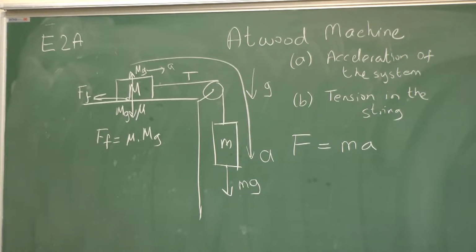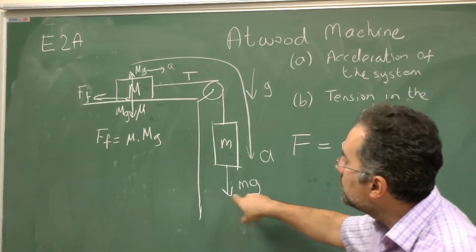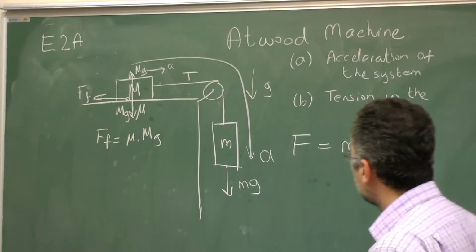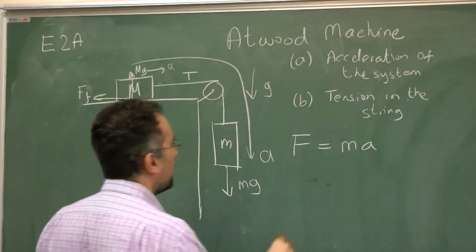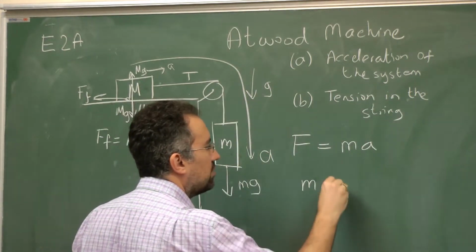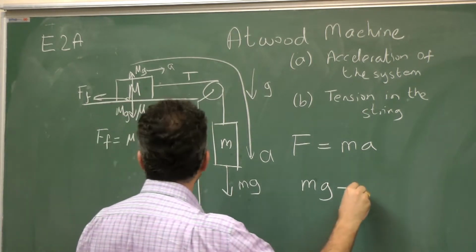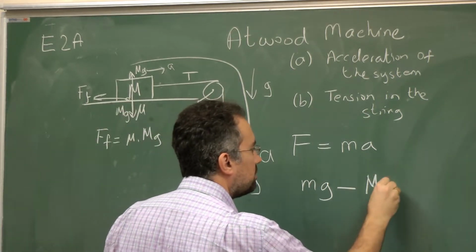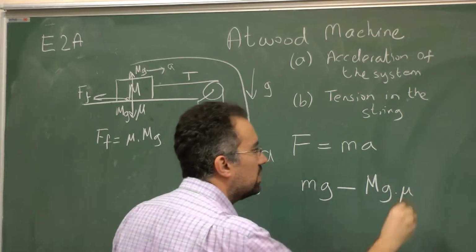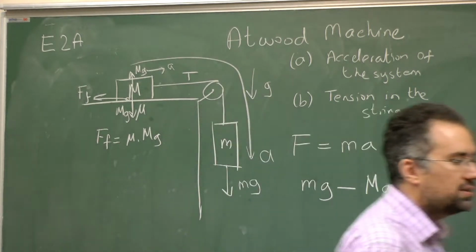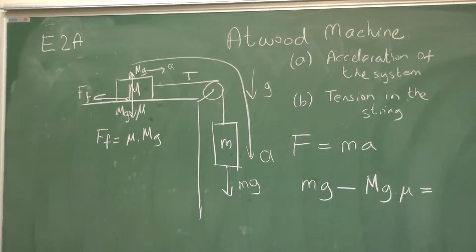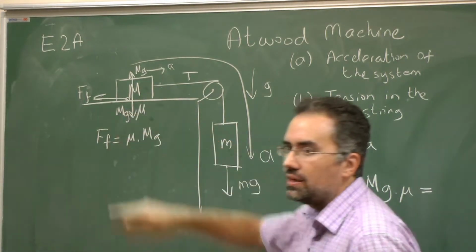So the net force on the system is this driving force minus the friction force. So on the left side, I have mg minus capital Mg times mu equals the mass times the acceleration. Now, the total mass that's moving is the sum of the two masses.